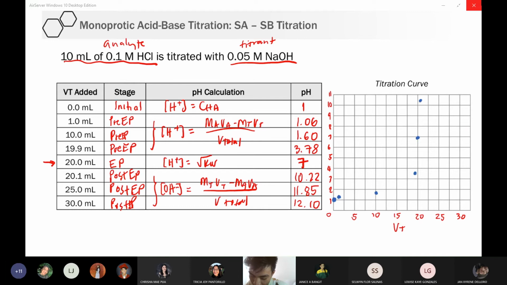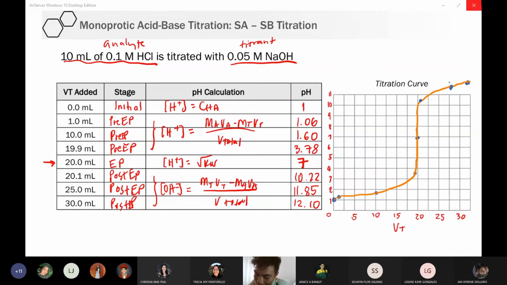Okay, then 11.85. O, lumagpas na doon. Then 12.10. Okay, so I have my points in the graph. Let me connect them. O, diba? Mas maganda yung curve natin ngayon kasi mas marami tayong data points.